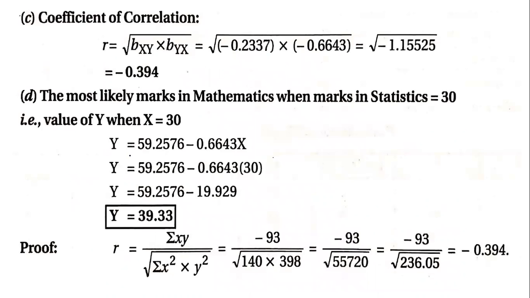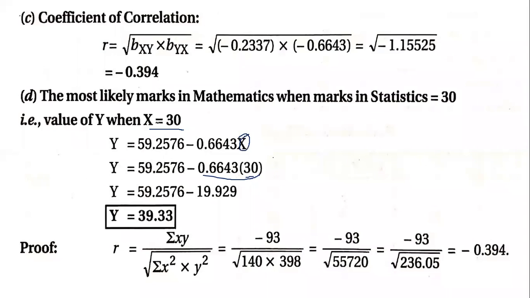So Y is equal to 59.2576 minus 0.6643X. Now, in place of X, substitute the given value, that is 30. Once you do this, you get 59.2576 minus 19.929, and then Y is equal to 39.33.